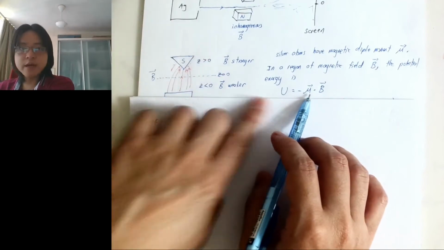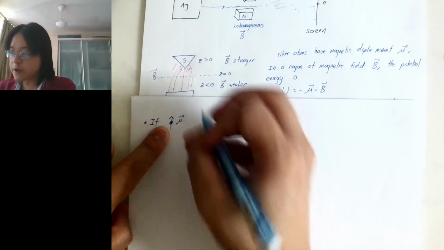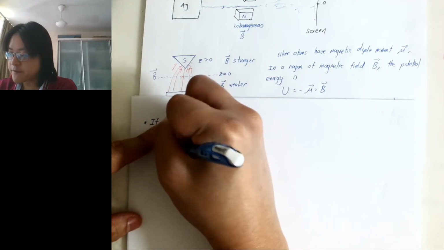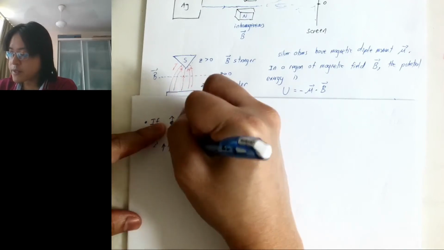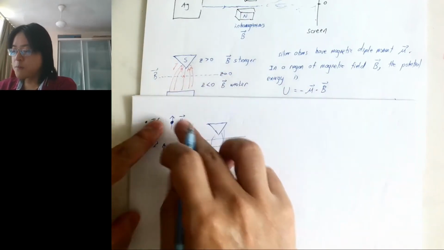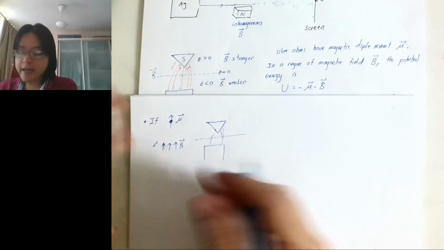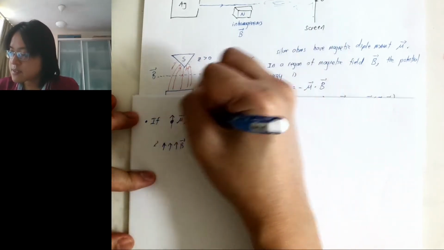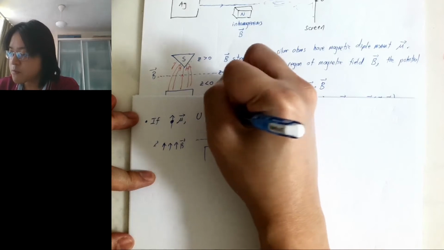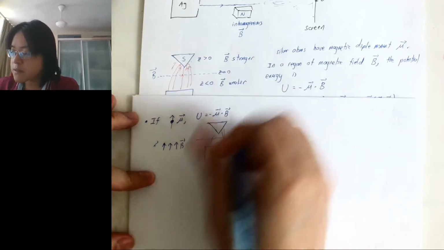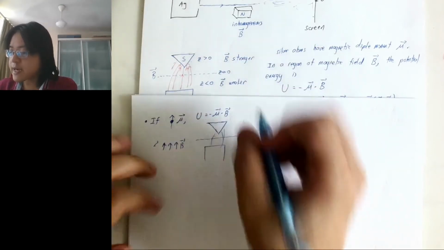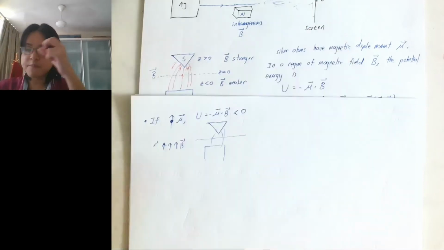It depends. Generally the magnetic field points upwards, so mu dot B is a negative number. In this case U is negative mu dot B, and since they are in the same direction, it becomes a negative number.